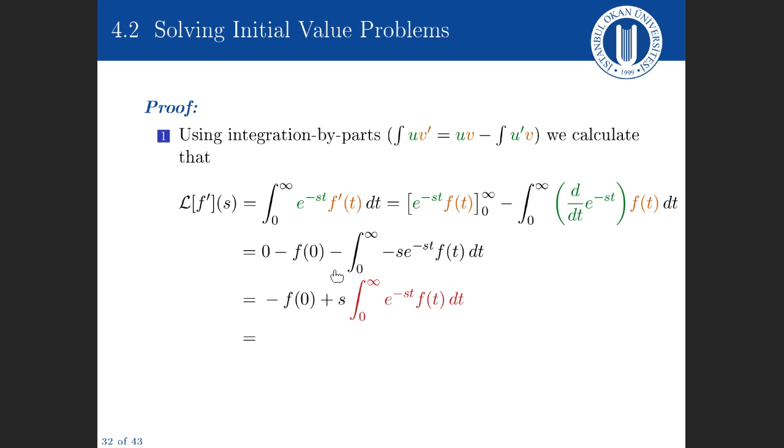This is just the Laplace transform of f. So we just get minus f at 0 plus s Laplace transform of f. And that is the formula in part 1. All I've done here is I've done integration by parts.